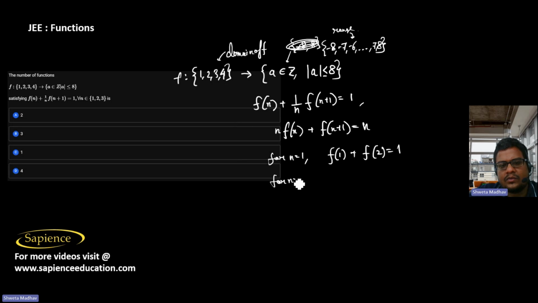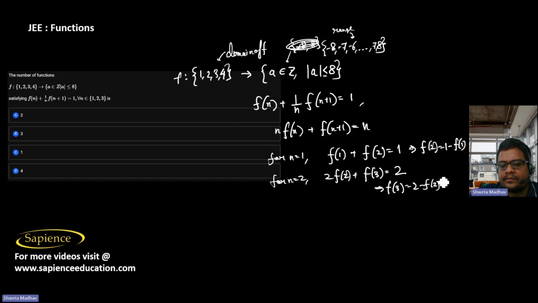And then for n equal to 2, 2 into f of 2 plus f of 3, that will be equal to 2. So f of 2 will be equal to 1 minus f of 1, and f of 3 will be equal to 2 minus 2 f of 2.